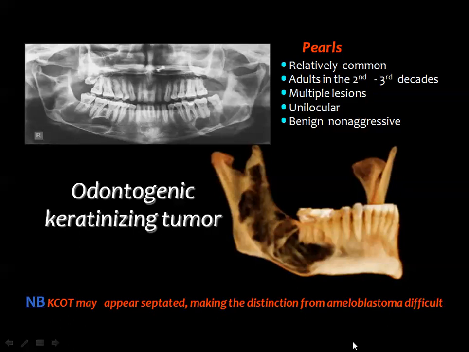Also, you should remember that keratocyst may appear septated, or may have some internal loculations, making the distinction from ameloblastoma difficult. At a time, you may suggest the possibility of the lesion, and if there are overlapping features, you may not be able to reach the diagnosis before surgery.